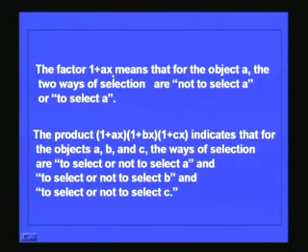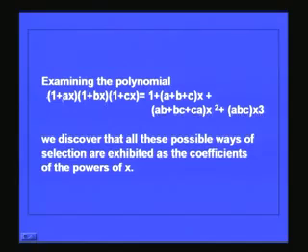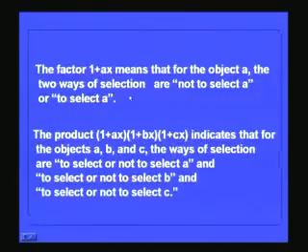Now, if you look at the left hand side of the previous equation, this is the product like this. This means that for the objects A, B and C, the ways of selection are to select or not to select A. That is represented by this factor. And you can select or not select B, and that is represented by this factor.